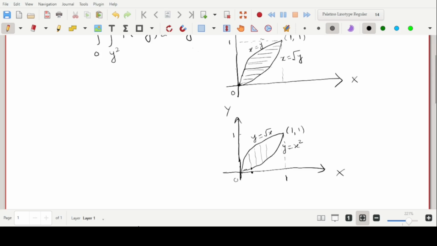Okay, so how can we write this? X is varying between 0 and 1, and what are the boundaries between which y varies? Sorry, not 0.